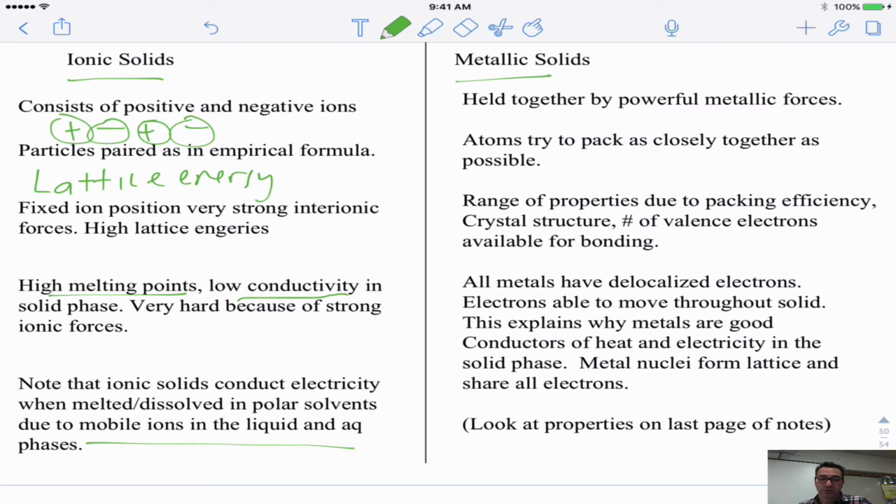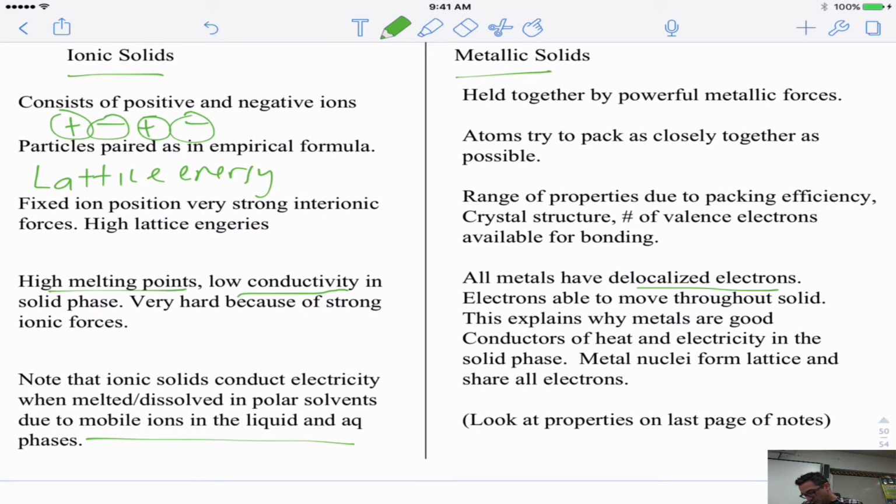This is pretty much the only type of solid where you have identical elements, identical atoms, all bonded together. There's a mass sharing of electrons, where all of the electrons are shared between all of the nuclei. This is called the mobile sea. All have delocalized electrons, and the electrons are able to move throughout the solid.